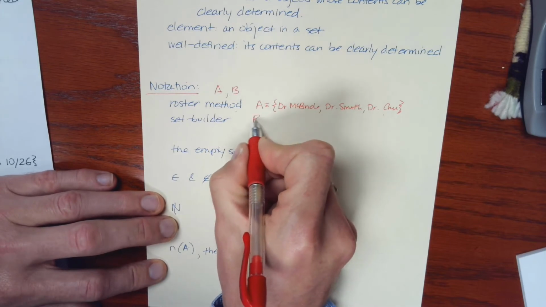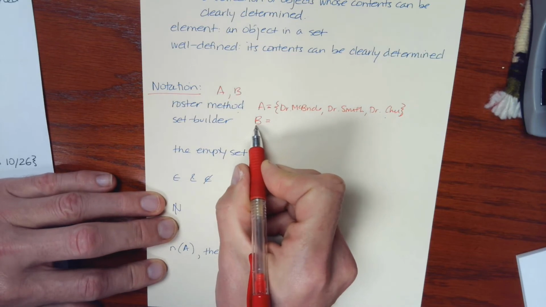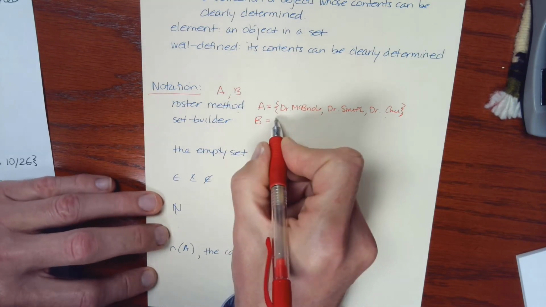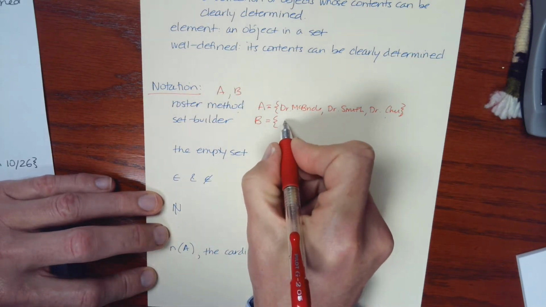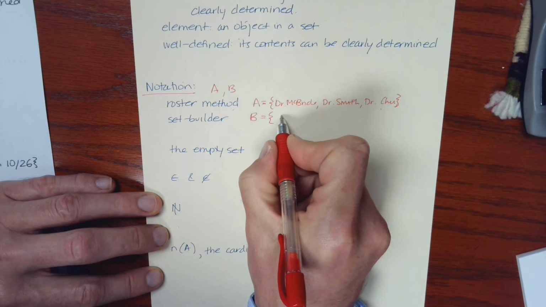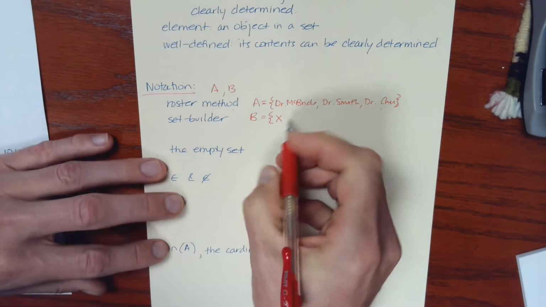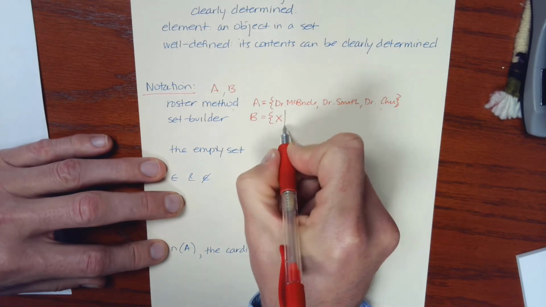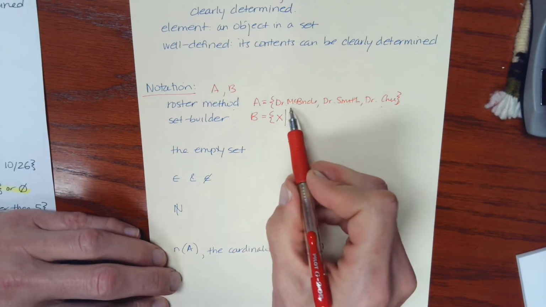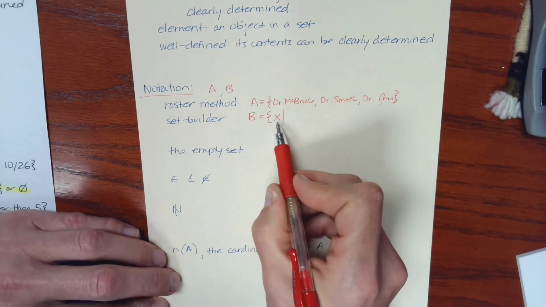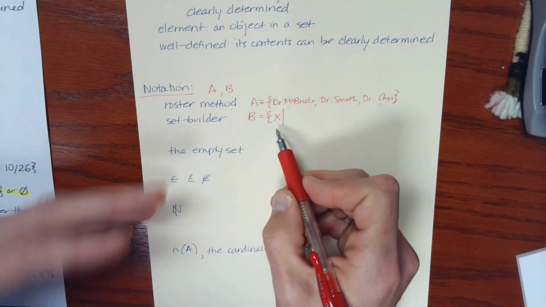But another option is set builder. So I'm going to build or construct the set that I'm going to call B. I'm going to still use braces or brackets. And so the way that this works is we say generically this is x, so all x that meet a certain requirement. So x acts like a variable in algebra. So instead of listing all the different values, we're saying that this could take on different values, but what values can it take on?